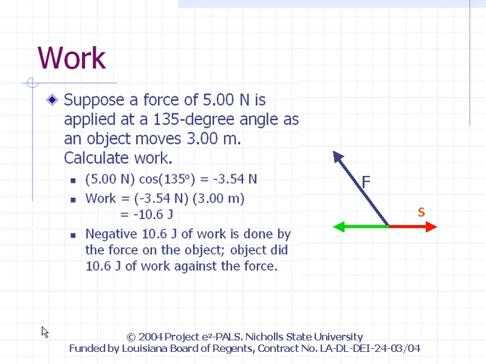We can calculate the work by multiplying the displacement by the component of the force along the direction of the displacement. We get an answer of negative 10.6 newton meters or negative 10.6 joules. In this case, we say that negative 10.6 joules of work is done by the force on the object. Or we can say that the object did positive 10.6 joules of work against the force.